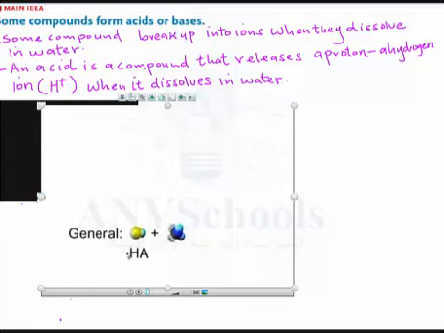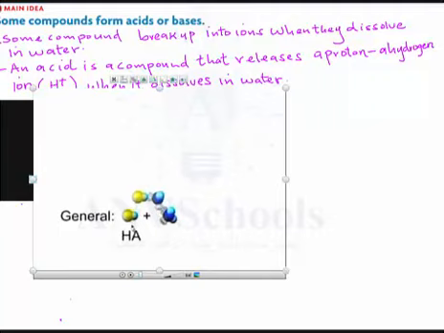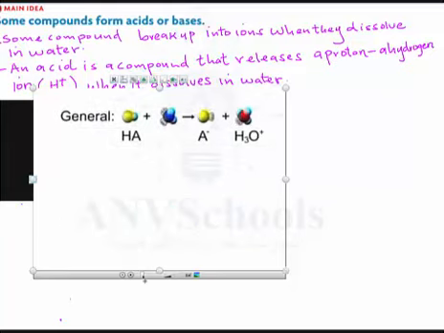So this compound breaks down as it joins the water molecule, so that we end up with H3O, which is a hydronium ion. This hydronium ion is in fact what increases the acidity of water.